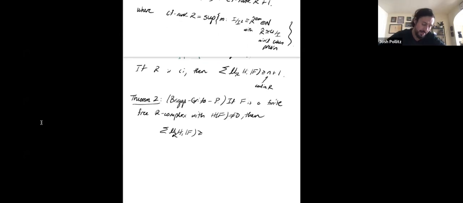So if F is a finite free R complex with non-trivial homology, then when I take the sum of the Loewy lengths of the homology, this is at least, and this is how the theory of support varieties comes in, the codimension of the support variety of R itself plus 1.